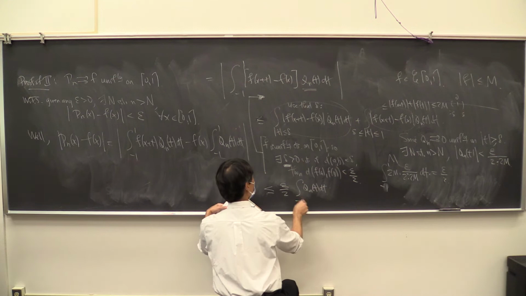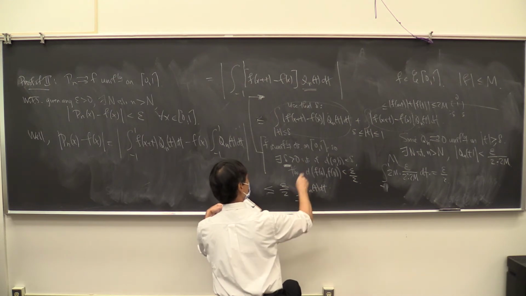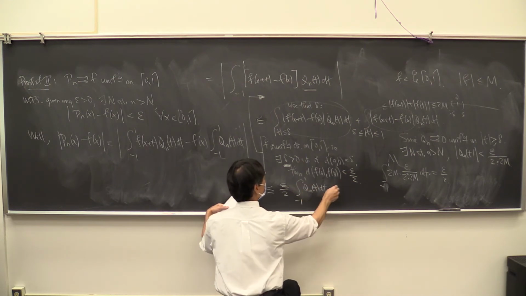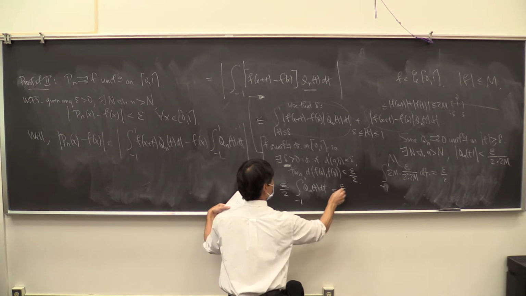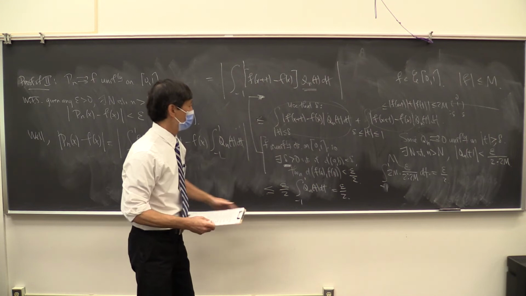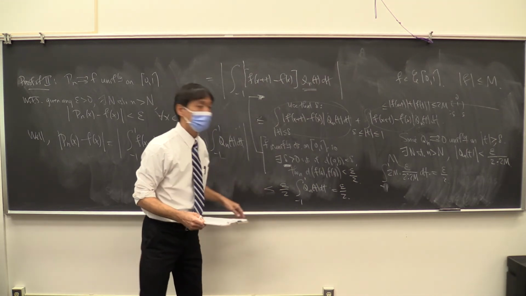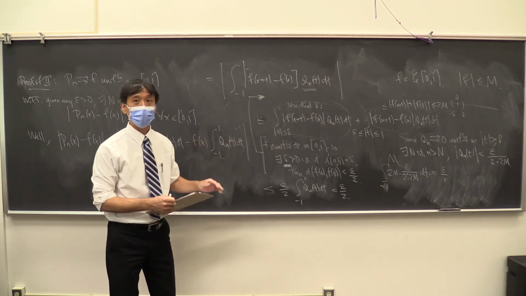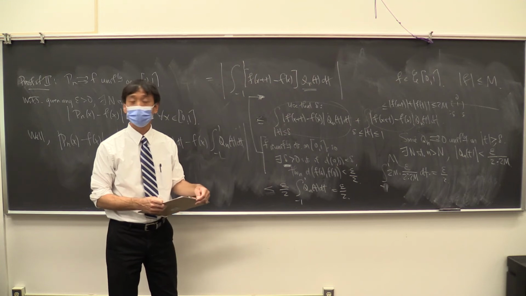Again, we take the integral over the whole space, -1 to 1, but that gives us epsilon over 2. And so we get the epsilon that we want.